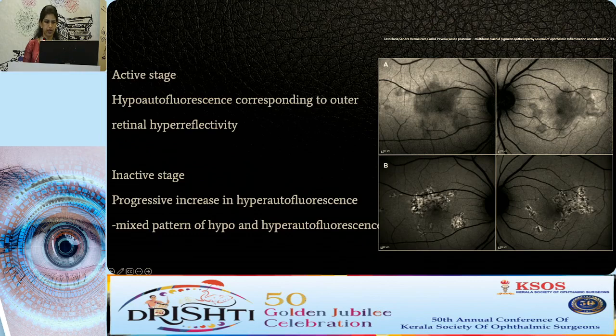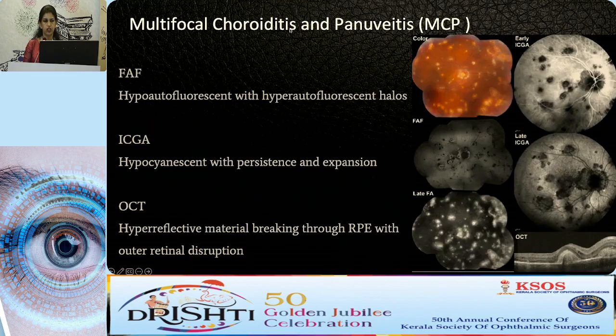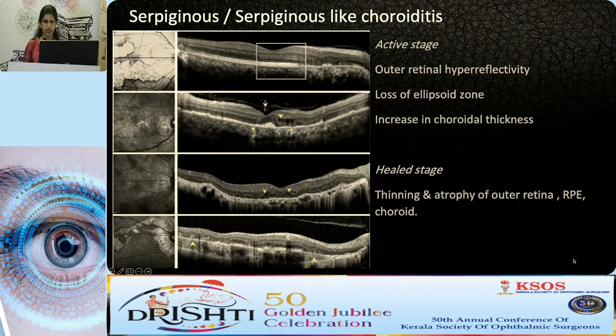So you have a mixed pattern here. In multifocal choroiditis spectrum, the FAF will give you hypoautofluorescent lesions with a hyperfluorescent halo. On ICG angiography, you can confirm it with hypocyanescent lesions which persist and expand into the late phase. On OCT, you have hyperreflective material breaking through the RPE with outer retinal disruption.